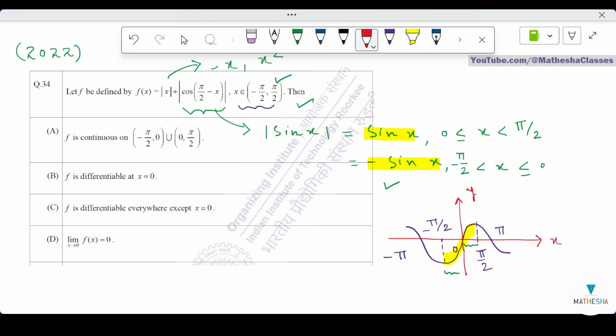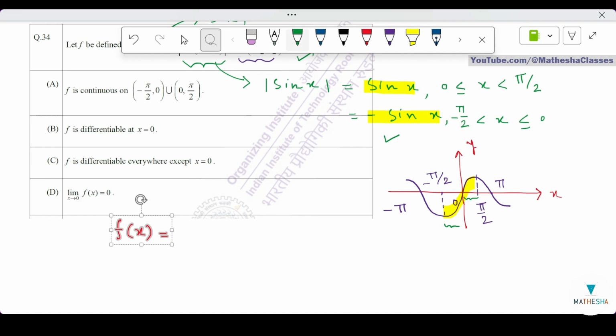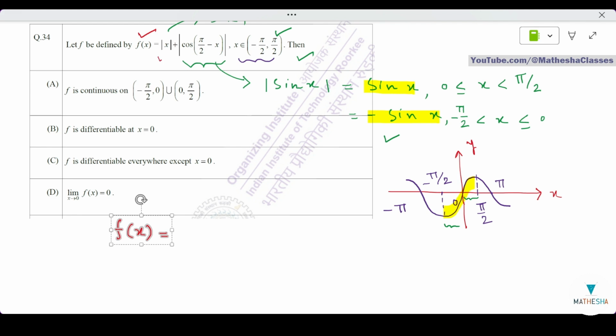If you are now combining everything, what will be your f(x)? Your f(x) will be equal to, let me write it here: mod x means, when you are considering x bigger than or equal to 0 and less than pi by 2, mod x will be x, and this part will be sin x.